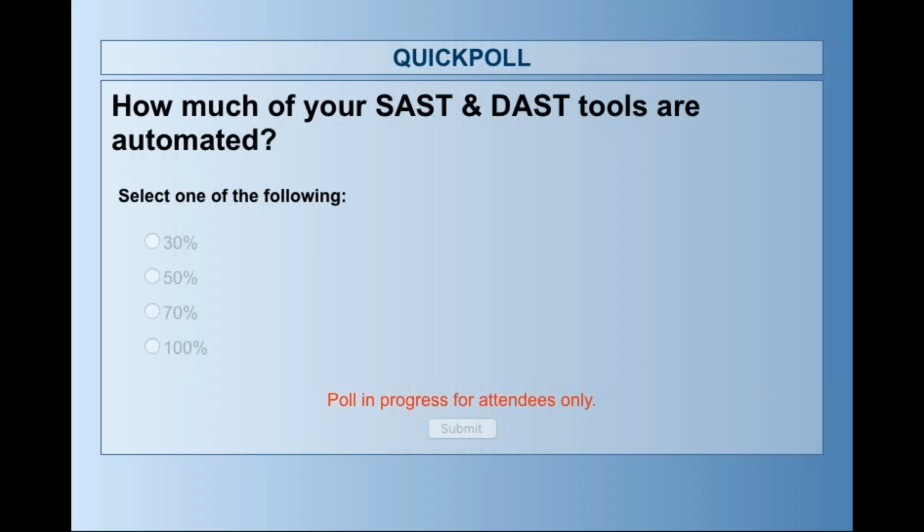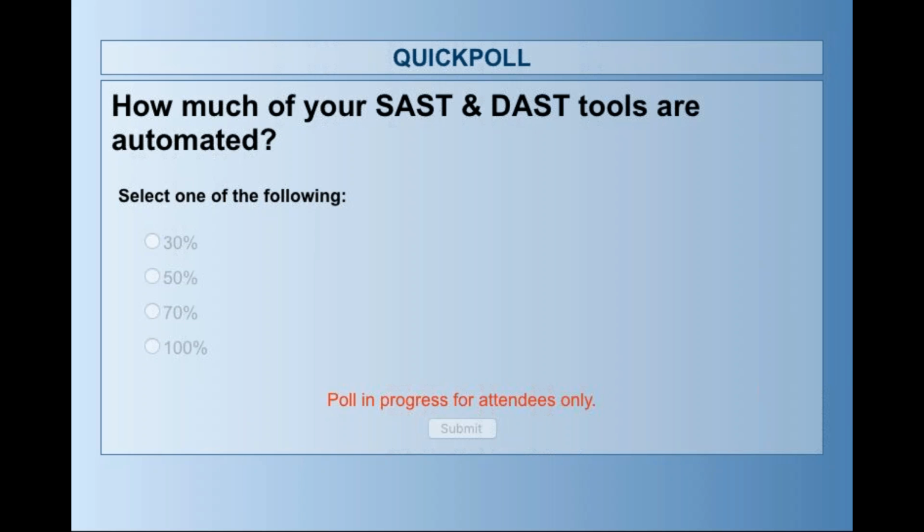Okay, so our next polling question is a follow-up to the first one. If you are using either static or dynamic application testing tools here, how many, or what percentage of them would you say are automated? Let's call it 30% or below, 30 to 50%, 70 to 50%, or totally automated.